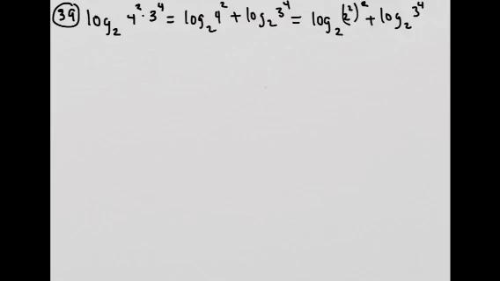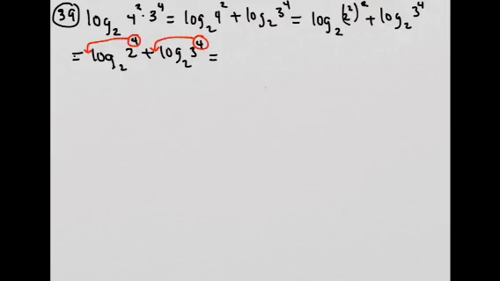Okay, so the 2 squared, squared, this becomes 2 to the 4th. So I write log base 2 of 2 to the 4th plus log base 2 of 3 to the 4th. Okay, so now I'm going to put these 4's as coefficients of their logs.